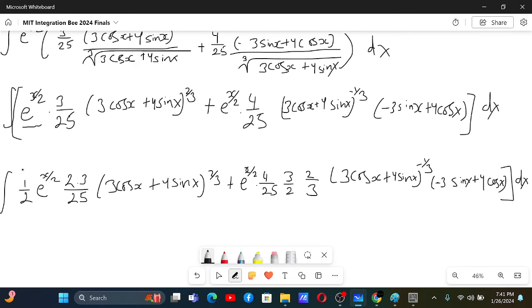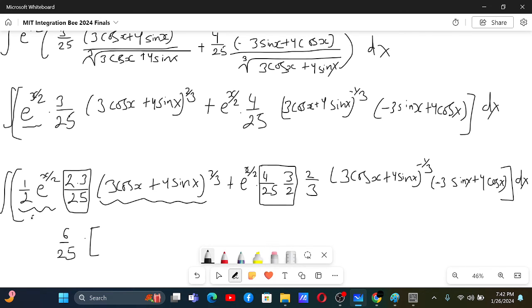Now here we have coefficient 6 by 25, and the same thing is here. This is also 6 by 25, so that means it's in the product rule form itself. Now we can take 6 by 25 common. Then this is just the derivative of e to the power x by 2, which is f dash x, and this is g of x.